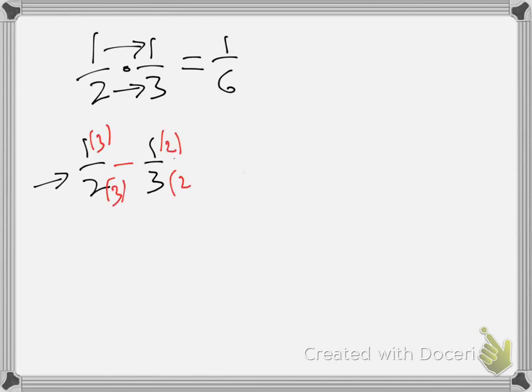Top and bottom by 2. Right? 3 over 6 plus 2 over 6. Whoops, that's supposed to be 6. That's a 6. All right. 5 over 6. There we go. And that's all the way through. Adding and subtracting are all the hard rules in algebra. Multiplying never matters. Just do it. But adding and subtracting is picky.